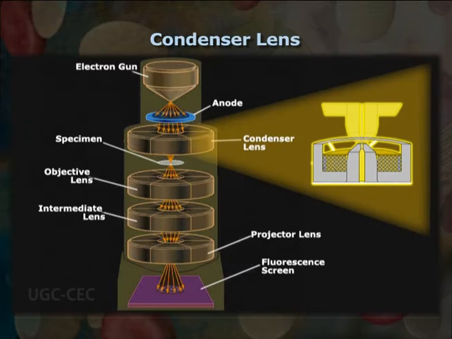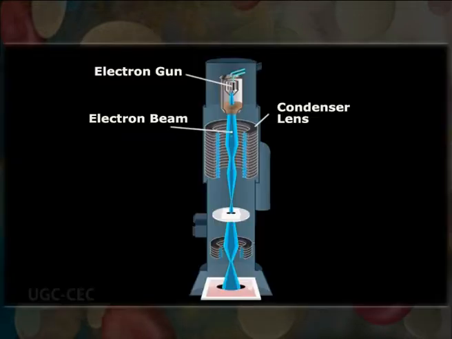The second major portion of TEM comprises condenser lenses with aperture. The stream of electrons from the electron gun is focused to a small thin coherent beam by the use of condenser lenses.